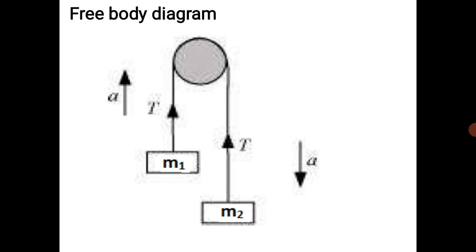The net force on the first mass is m1a. m1g acts downward, and tension T pulls the body upward. So T is greater than m1g, and because of this the mass m1 accelerates up. So T minus m1g equals m1a. This is the free body diagram for the first mass m1.